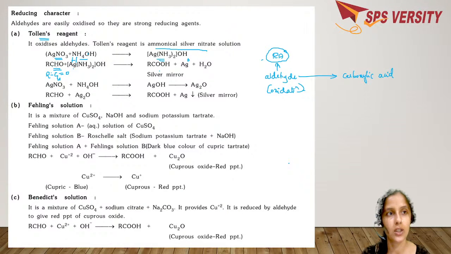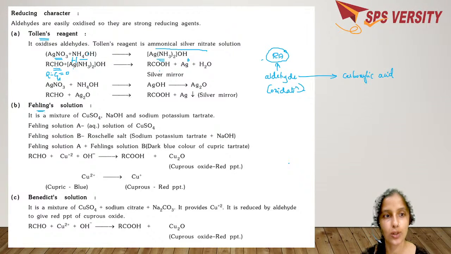This reaction is shown by aldehydes but not by ketones, because mild oxidizing agents like the Tollens reagent can't act on ketones.